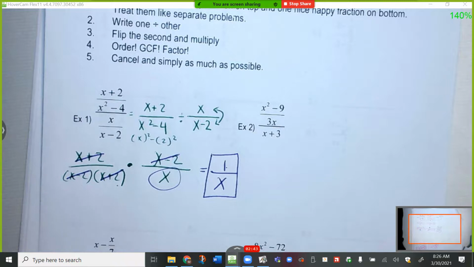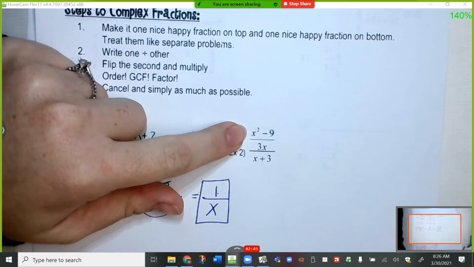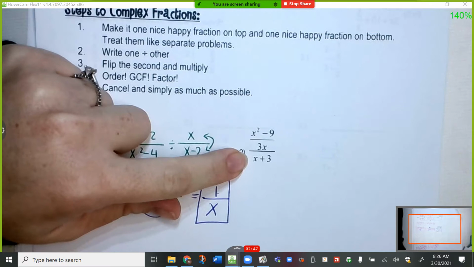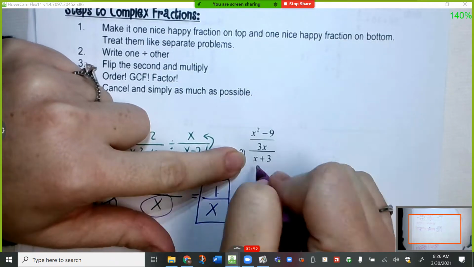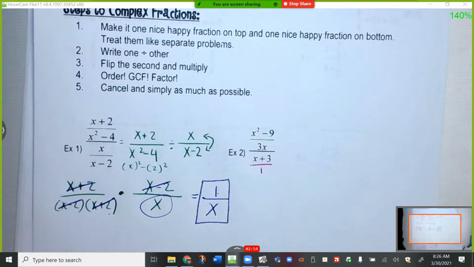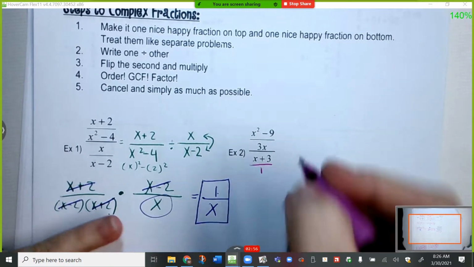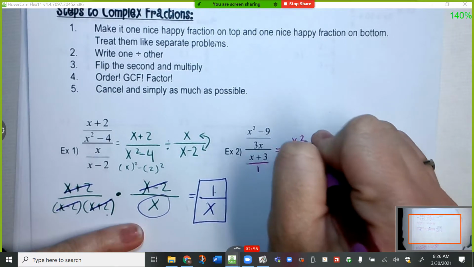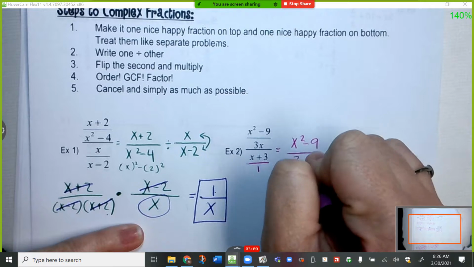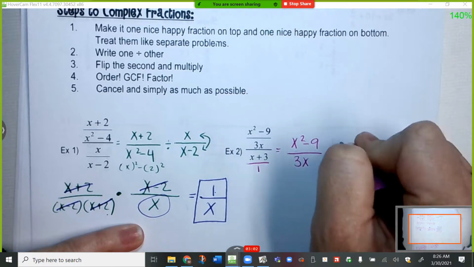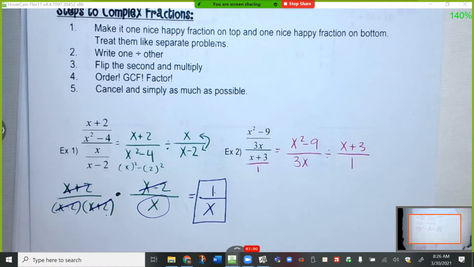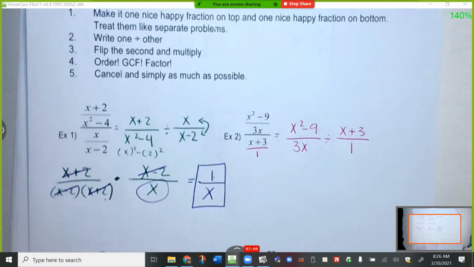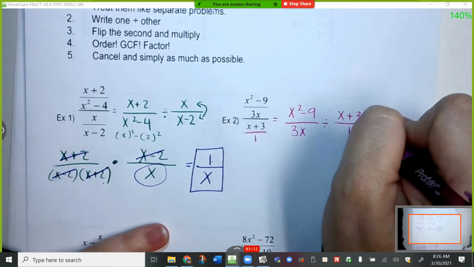Okay, so with this one, remember, we want one happy fraction over another happy fraction. Is that a fraction on the bottom? No. So I'm just going to put it over 1. Now is it a fraction? Yes. So I'm going to rewrite it as division. And we know that when we divide, we flip what's after the division symbol.